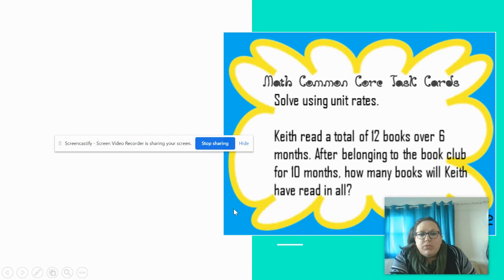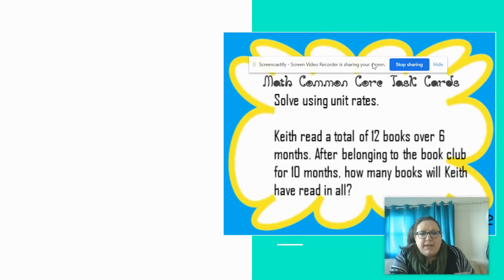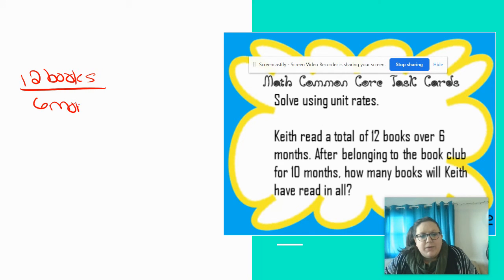So Keith read a total of 12 books over 6 months. I'm going to put that here: 12 books over 6 months. Again, I read a piece of information and now I'm stopping to record it. After belonging to the book club for 10 months, remember, months goes on the bottom because it's on the bottom in the first one.